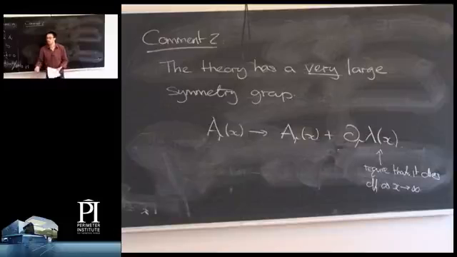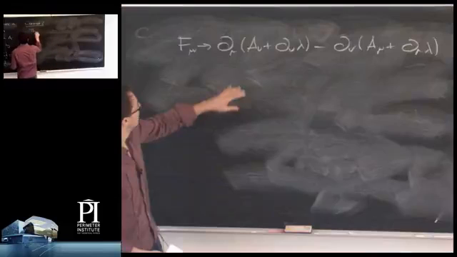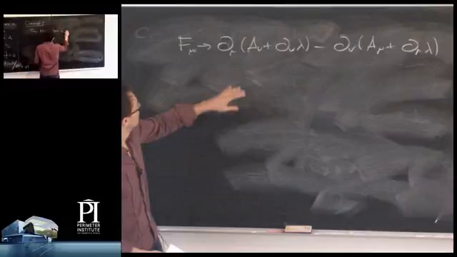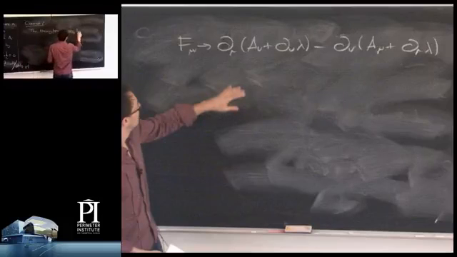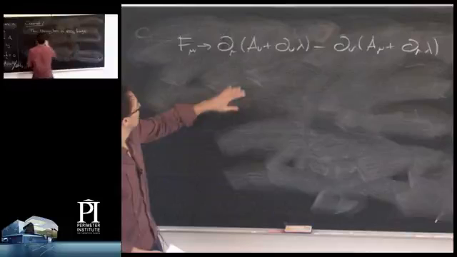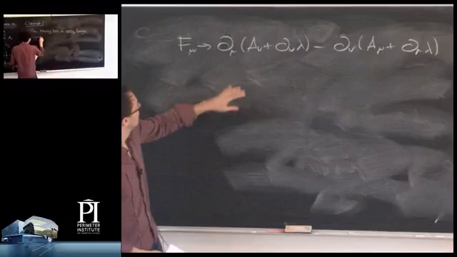So I'm going to take some time going slowly over this. So the observation is the following. It's that the theory has a very large symmetry. And I mean very large symmetry.